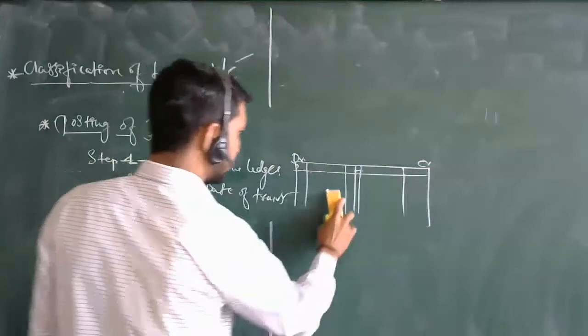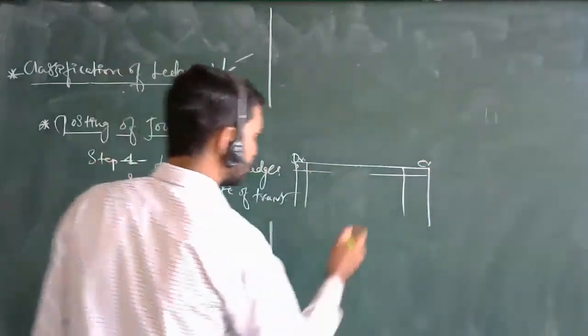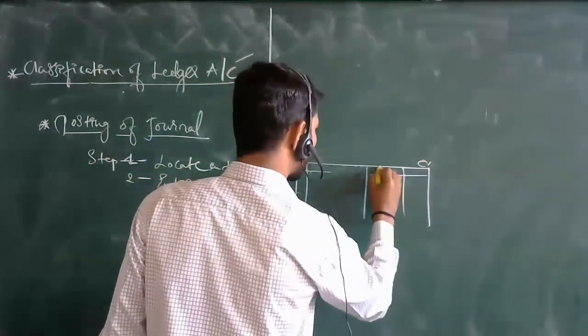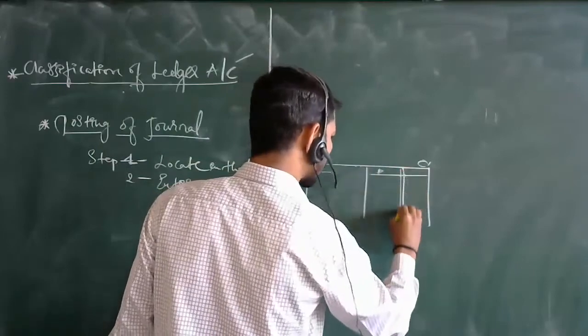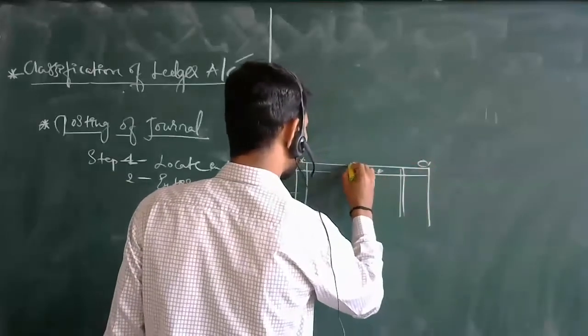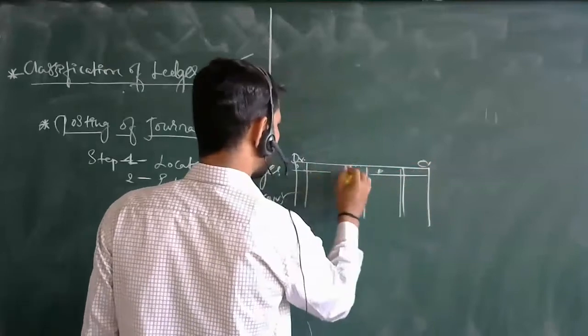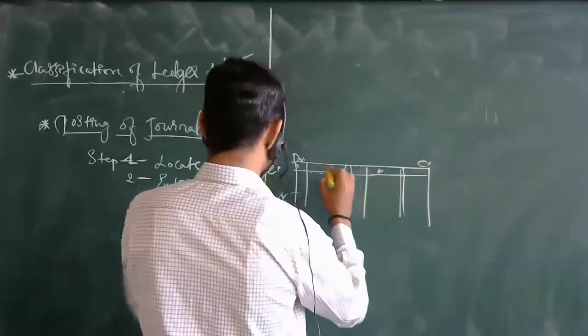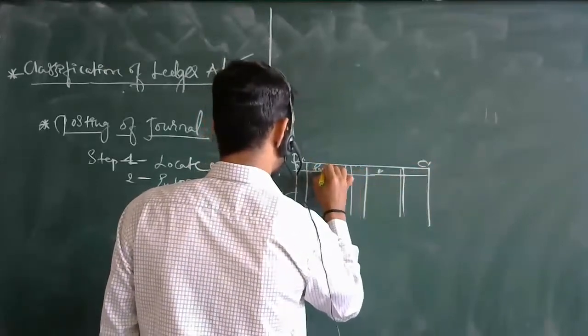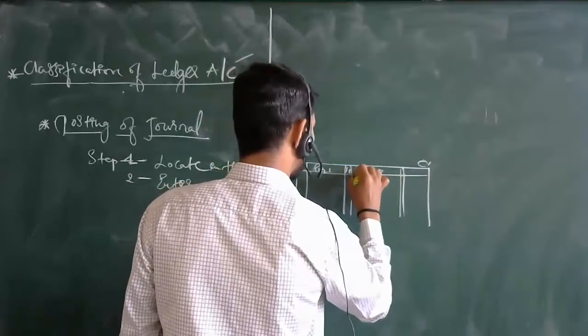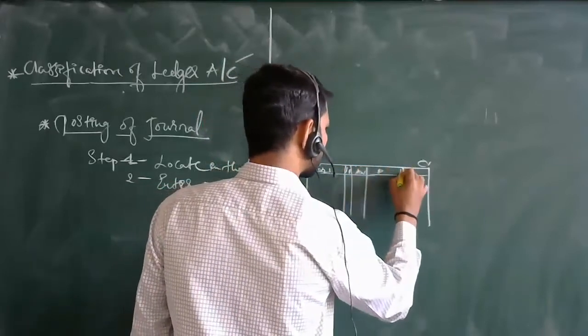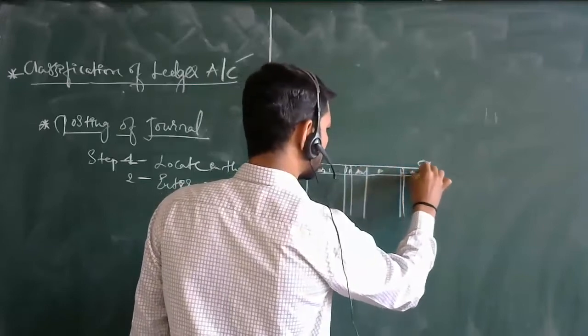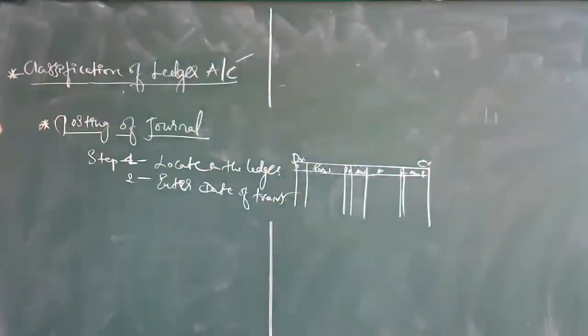I will draw it cleanly so that you can understand: particulars, ledger folio, amount. In this way, the account will be opened.